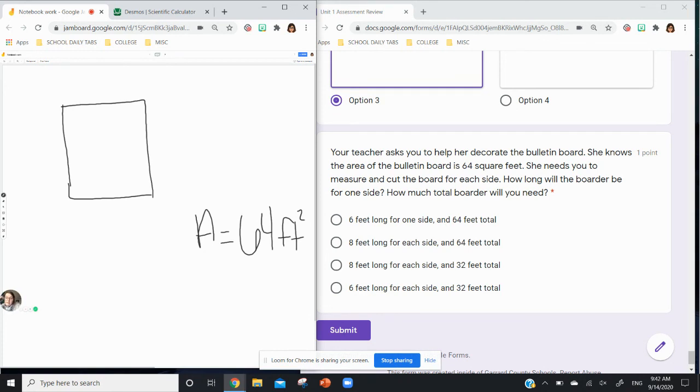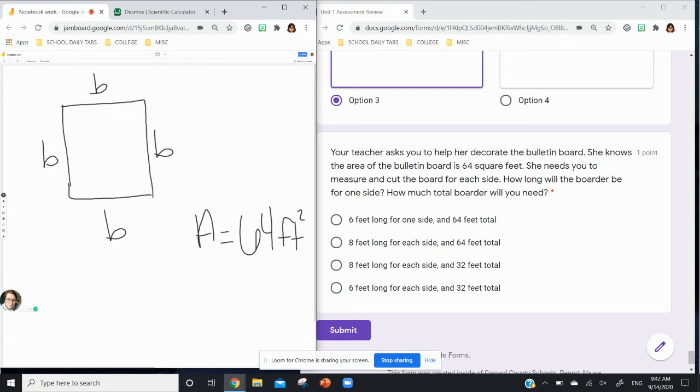But anyways, all I'm given is that this is a square and that I know the area. Well, if you think about what the area of a square is, it's just one side, I'm going to put B for border, times itself. All sides are the same here. So if I multiply one side by itself, I'm going to get my area.